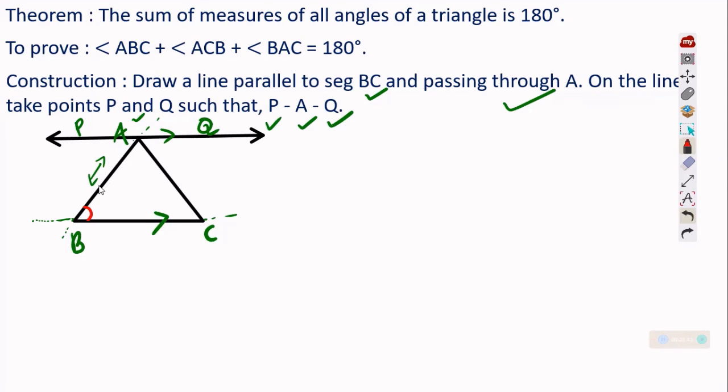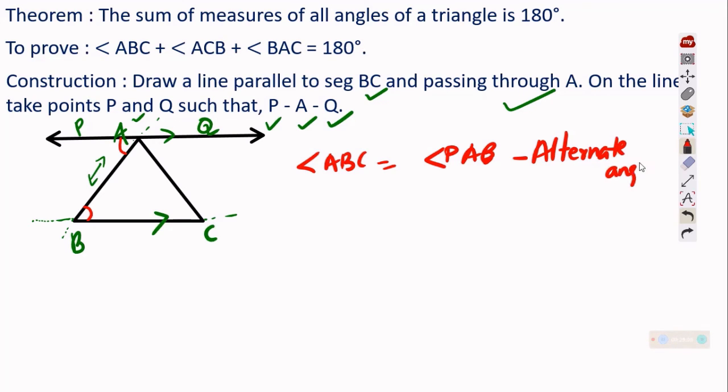Angle ABC and angle PAB, both these are equal. Why? Because they are alternate angles.